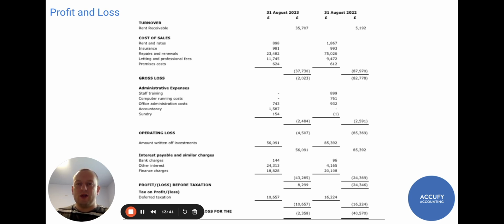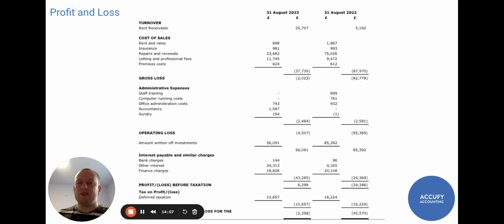So once we've worked out the gross profit or loss, we move on to admin expenses. So these are indirect expenses of the property investment company, and examples include in this case staff training, computer running costs, office admin costs, accounting fees, and sundry, which means other, but there could be a whole host of other things in there which come under admin expenses.